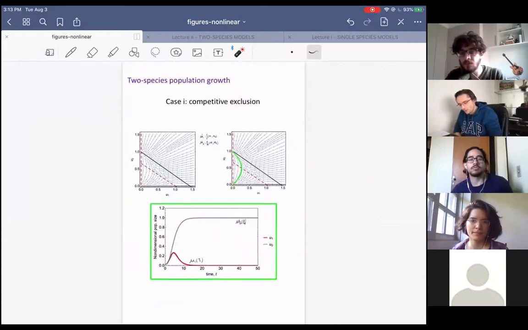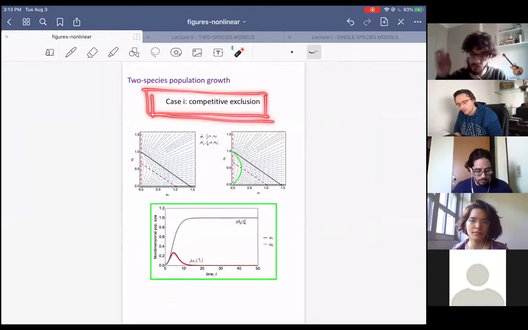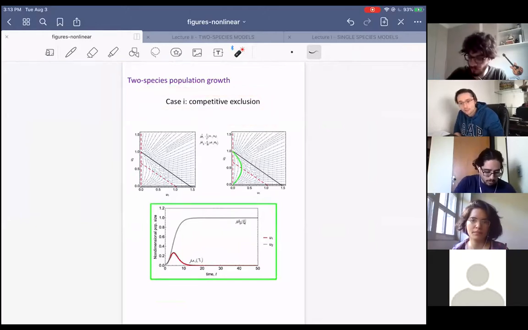As you can see, I call this case competitive exclusion. I want to jump a little bit back into the ecological meaning of this result. What is this telling us?